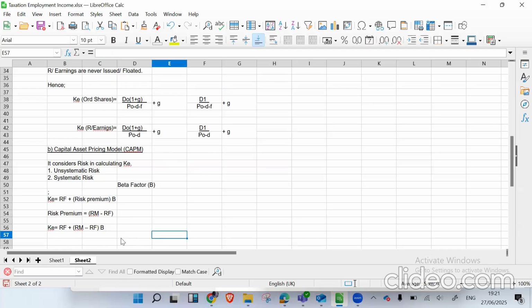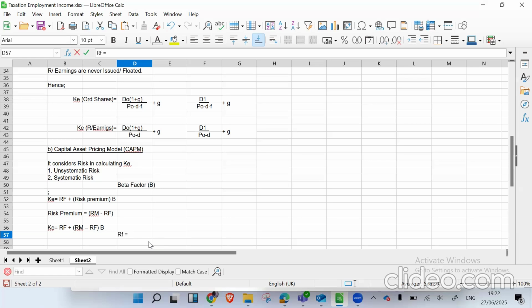So where RF equals risk-free rate of return, that is the return from government securities, treasury bills and treasury bonds.